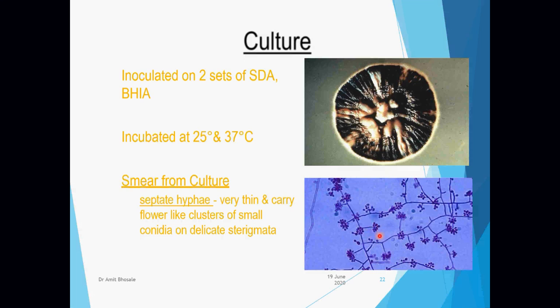It is the characteristic of the sporotrichosis lesion. This is a photograph of the LPCB mount. We can see the septate, very thin, delicate hyphae, and a flower-like structure, a cluster of conidia.